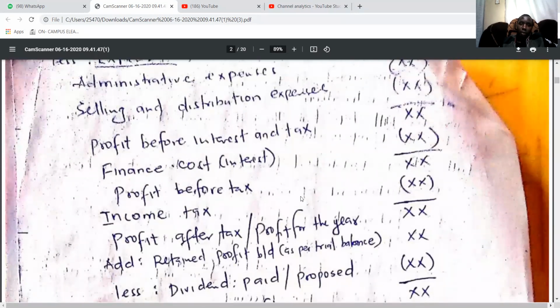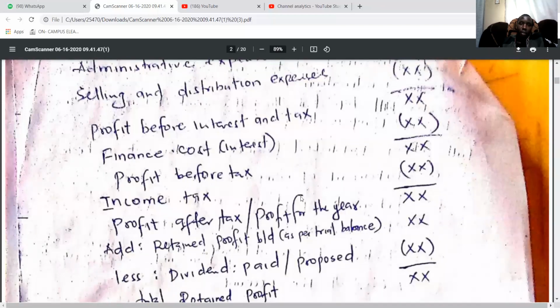After that, we have finance cost. Remember that finance cost again is part of the functional heads where we classify expenses like interest on loans. We get the profit before tax. We raise tax. We get the profit after tax.